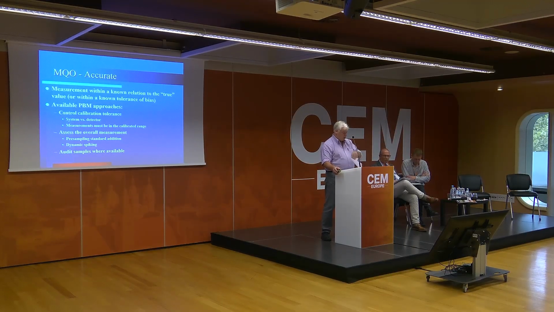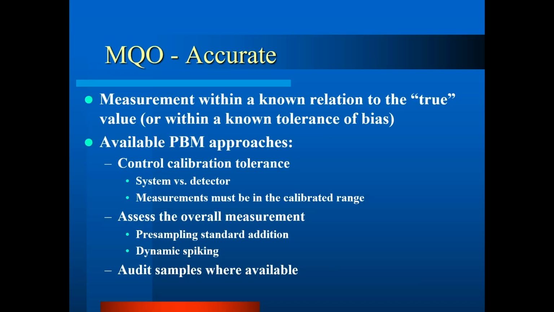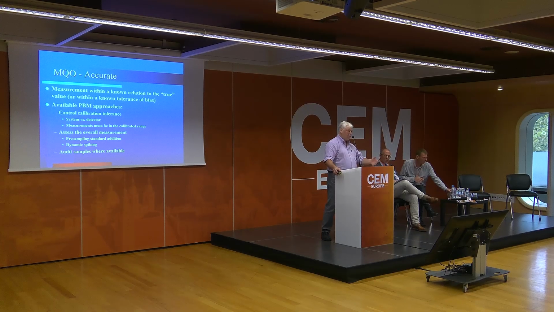Accuracy, and this is really the most important one. This is how well you agree with the true value. There are multiple approaches to this, and some are building blocks, like calibration. You want to know if you're calibrating just the detector or the entire system, how well gases transfer through a system, and that measurements are fundamentally in a specific calibrated range.